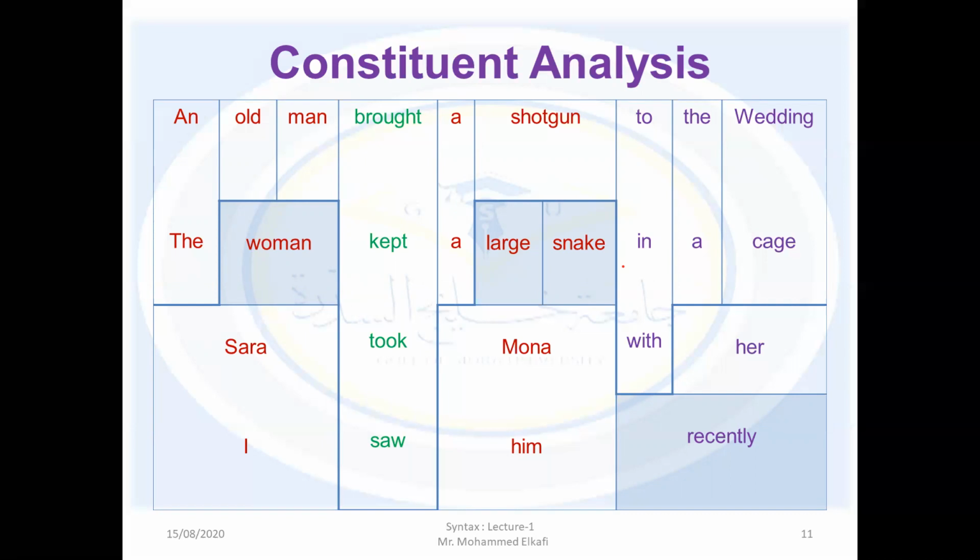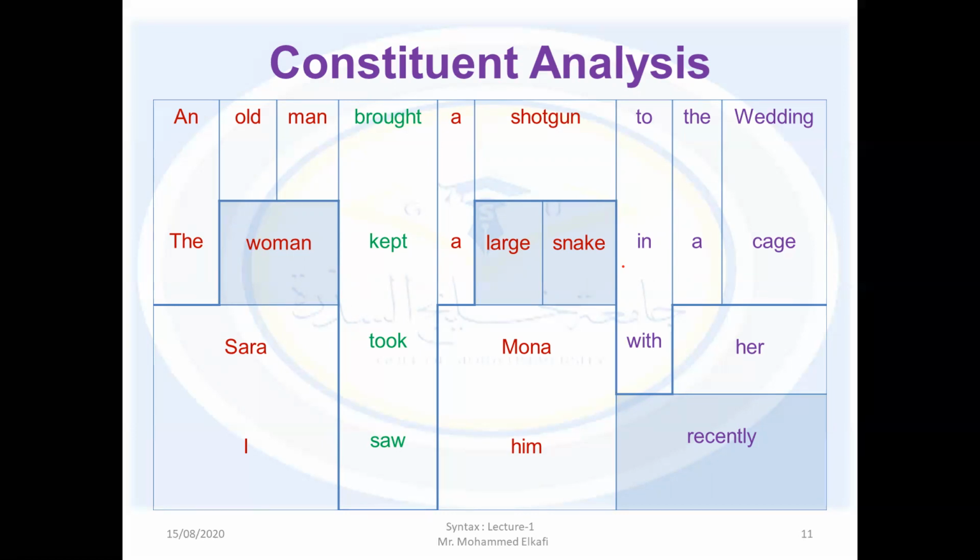So for this reason, this group is colored in red. Then we'll find the verbs, which are colored in green as constituents. And the third group, which is included here, is also a noun phrase. It includes the article a, then the adjective large, and the noun.